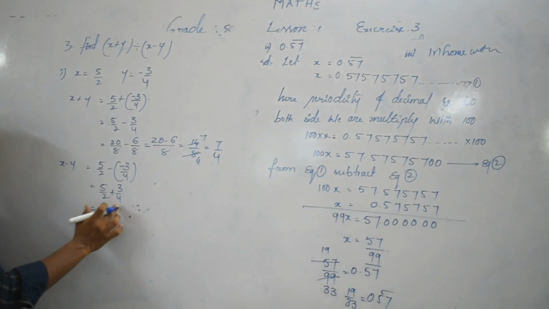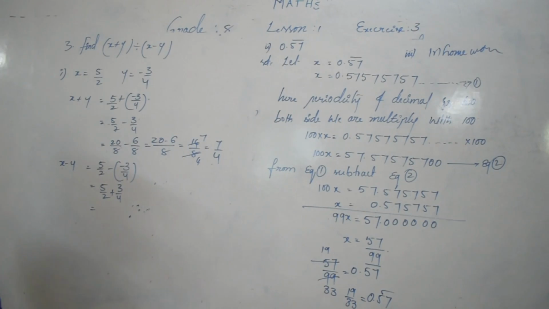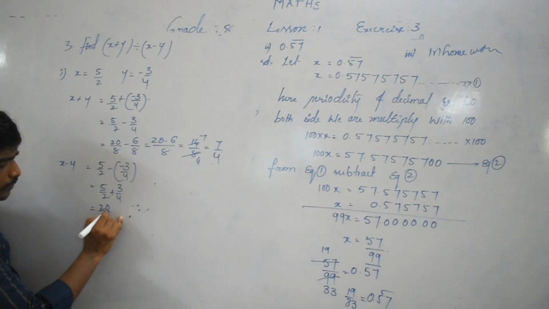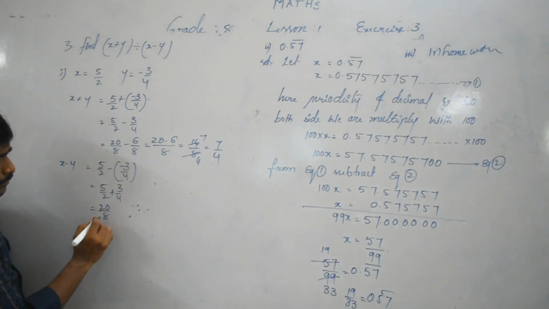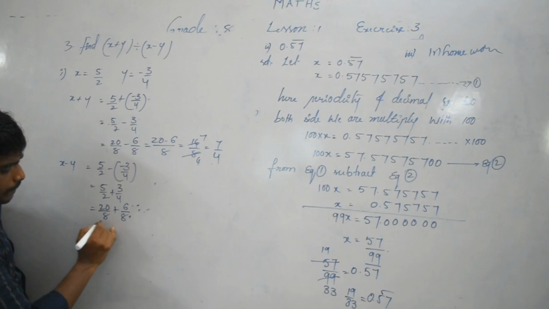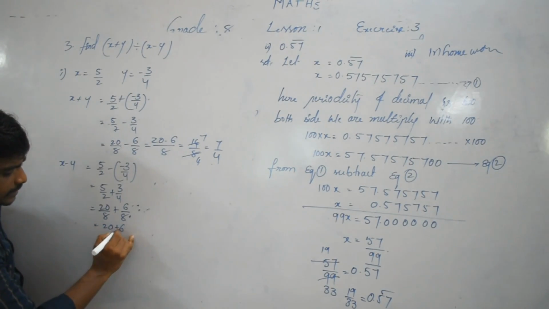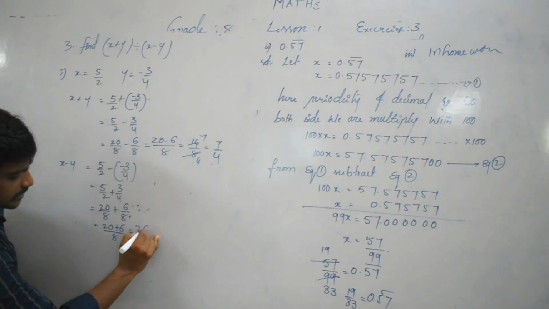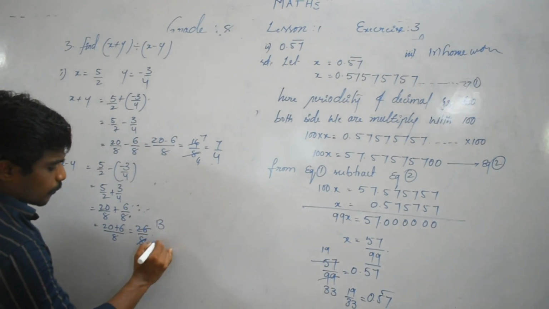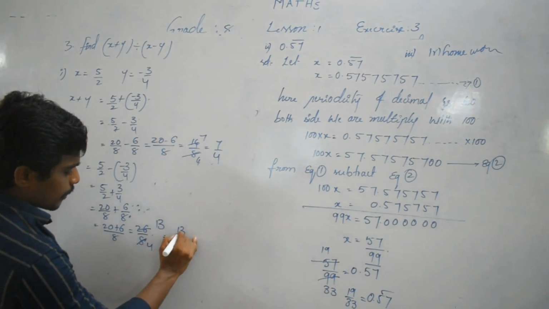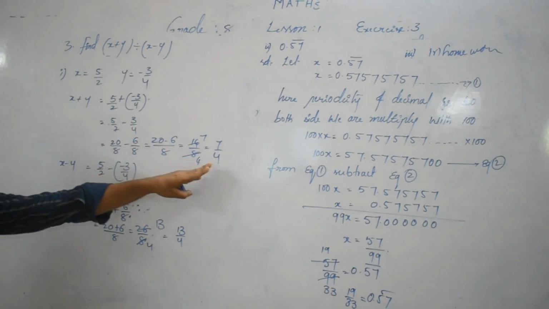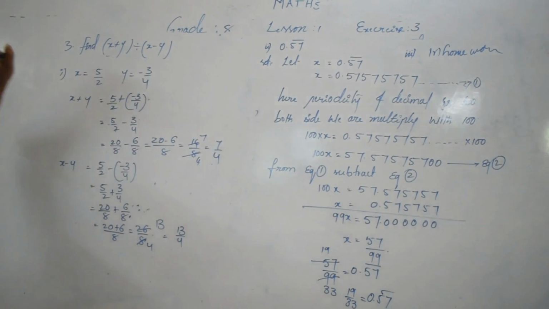As these denominators are different, we convert them to equal. 4 5s are 20, 4 2s are 8, 2 3s are 6, 2 4s are 8. So 20 plus 6 by 8, 26 by 8. 2 13s are 26, 2 4s are 8. So 13 by 4. So here x plus y value we know, x minus y value we know.